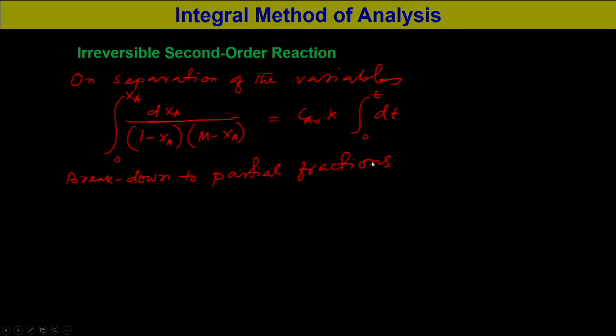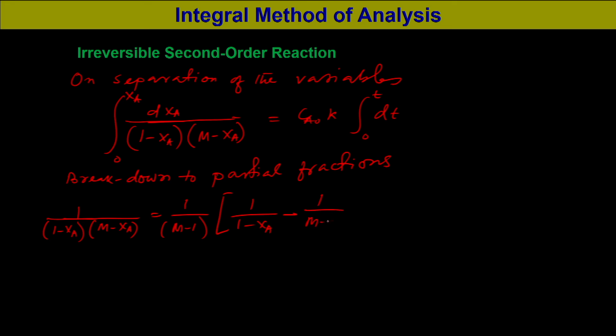To do that, we can write 1 by 1 minus x_A into m minus x_A as 1 by m minus 1 into 1 by 1 minus x_A minus 1 by m minus x_A.